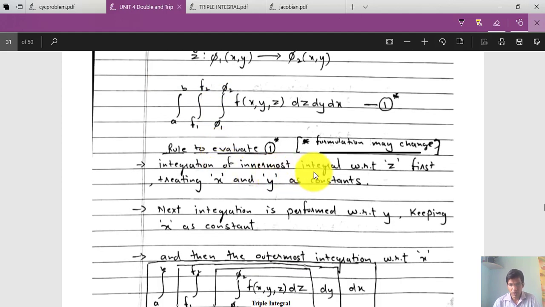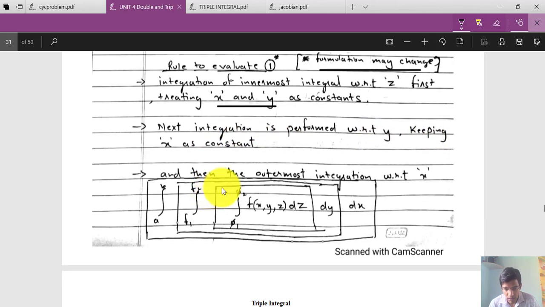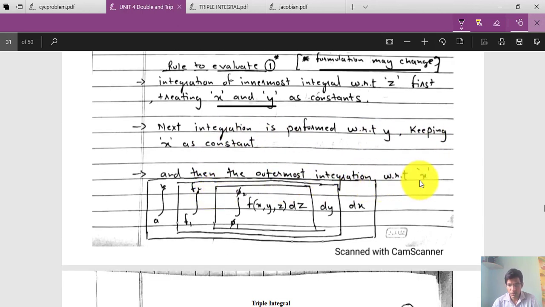So integrate the innermost integral with respect to z first, treating x and y as constant. Next integration is performed with respect to y, keeping x as constant, and the outermost integration with respect to x.